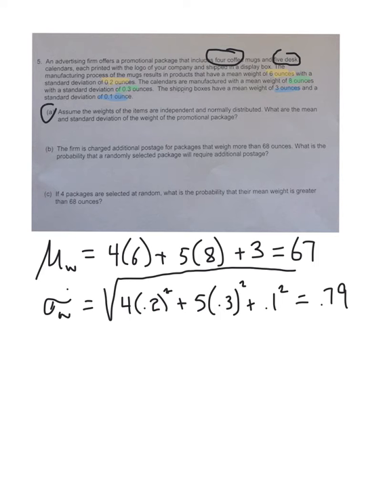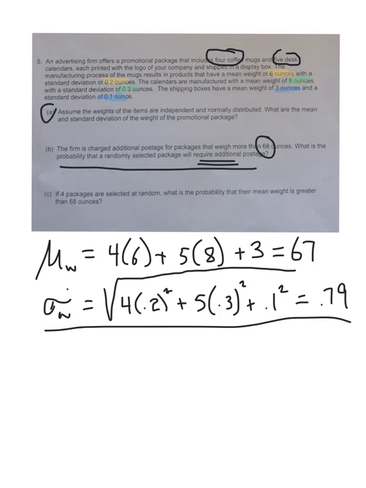Now it says a firm is charged additional postage for a package that weighs more than 68 ounces. What is the probability that a randomly selected package will be more than that, right? Require additional postage. So what are we going to do with this thing? Let's see. It's kind of a z-score, right?